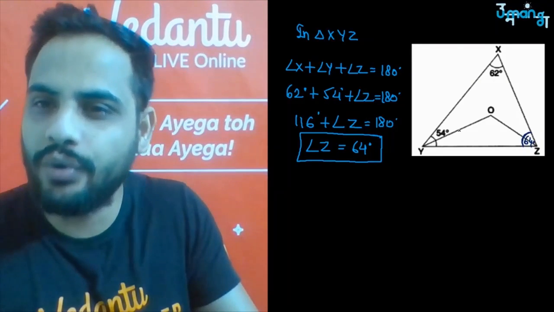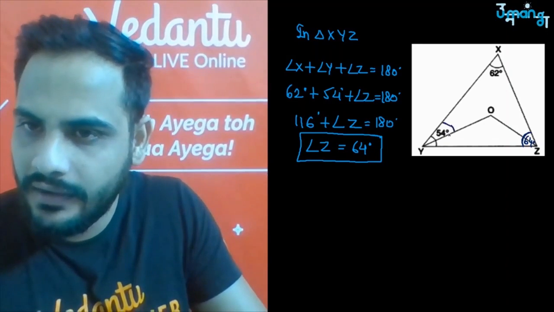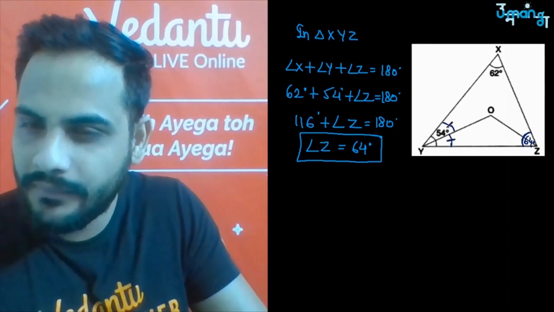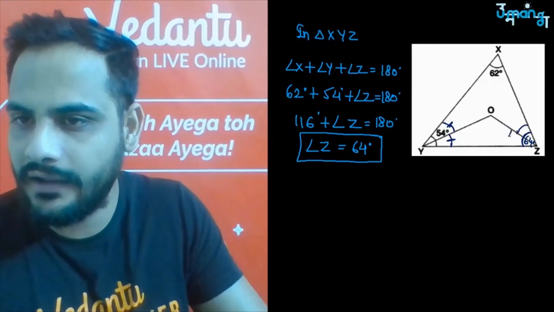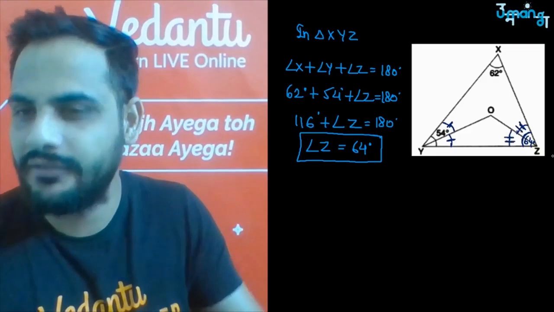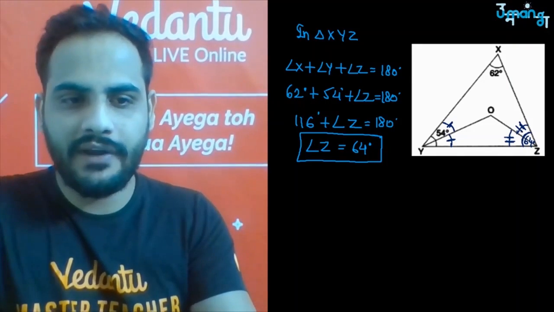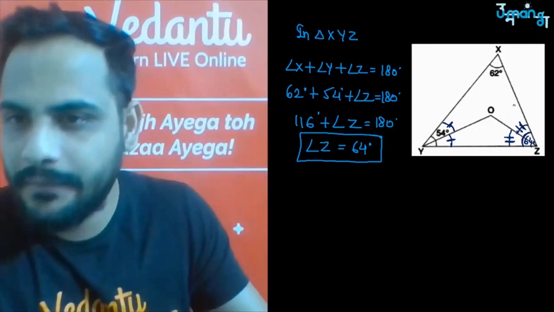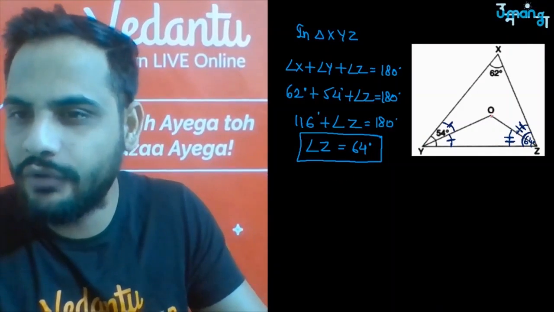Now I know OY and OZ are bisectors, so this angle and this angle will be equal, and they both will be half of 54. Here also, this angle as well as this angle will be equal to each other, and both will be half of 64. Now, first you want to find out OZY.